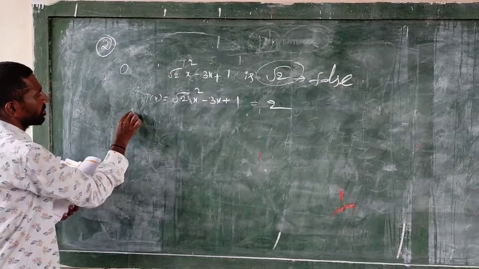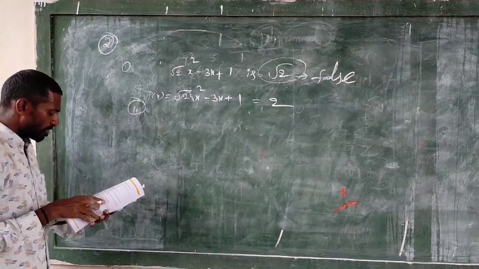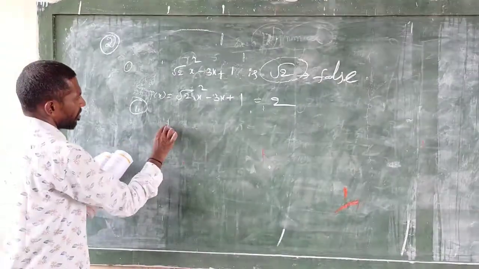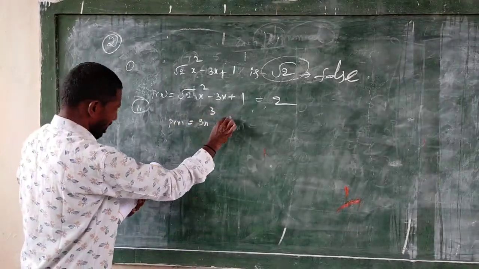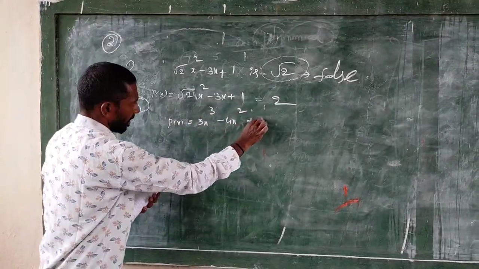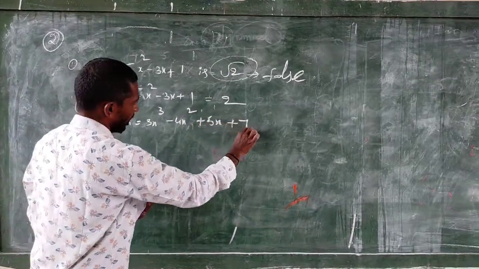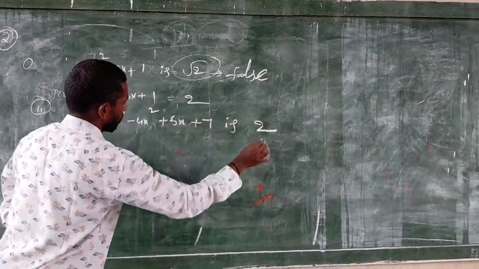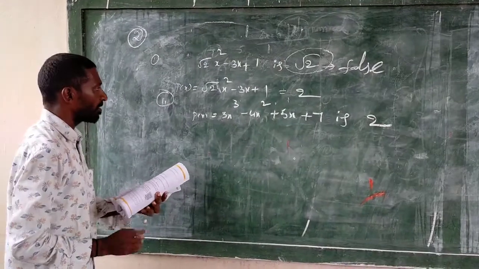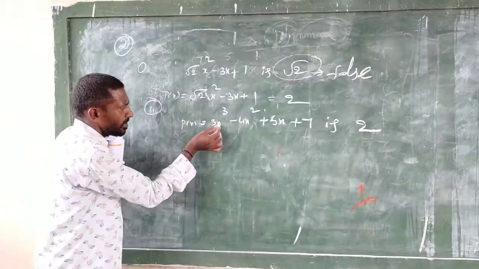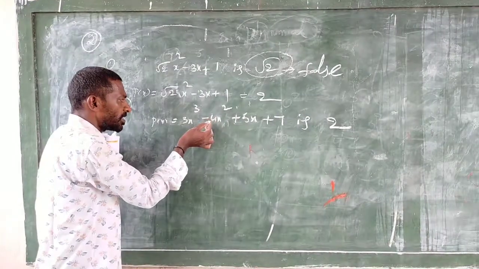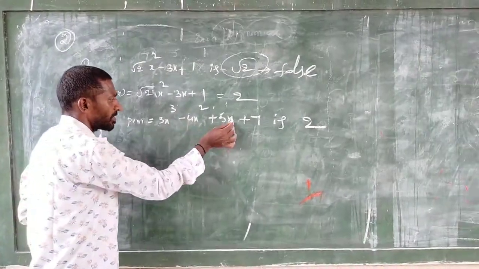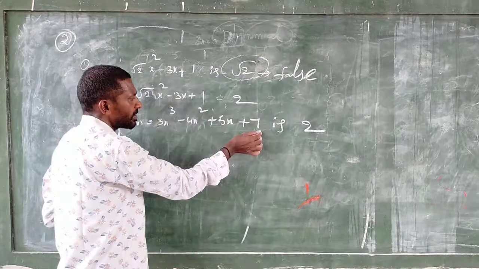And second one: the coefficient of x square in p of x equal to 3x cube minus 4x square plus 5x plus 7 is 2. The coefficient of x square: the x cube coefficient is 3, the x square coefficient term is minus 4, the x coefficient term is 5, and then the constant.